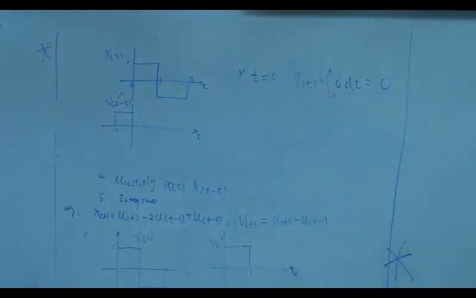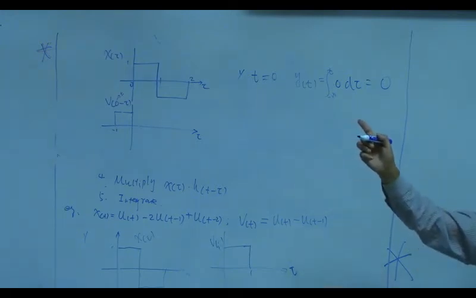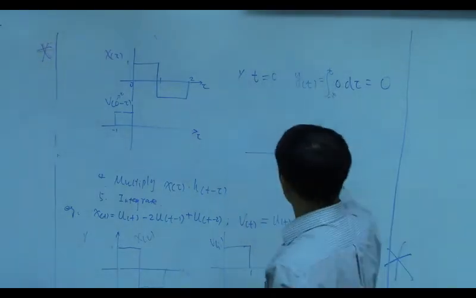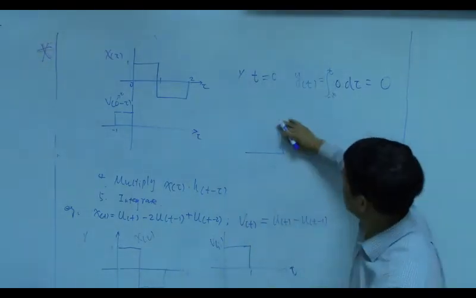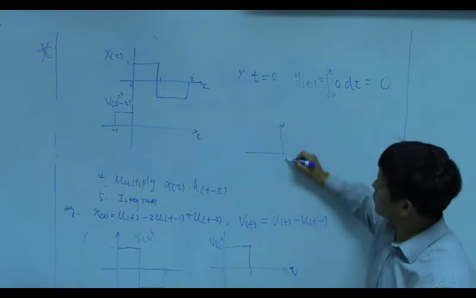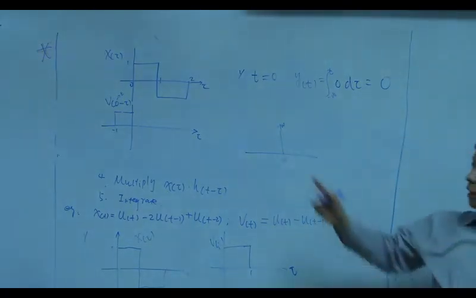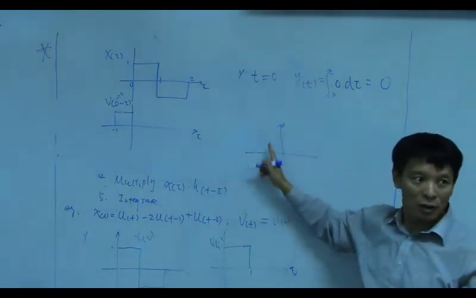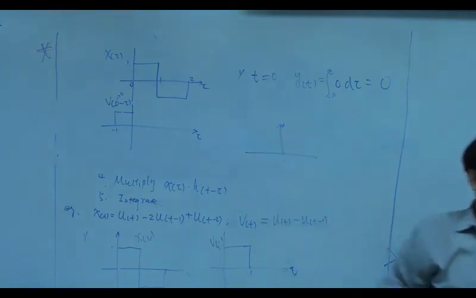Nothing. Does this make sense? These two signals multiplied together, what you get is only this signal. You don't have anything this way, you don't have anything this way. You only have 1 at tau equal to 0.